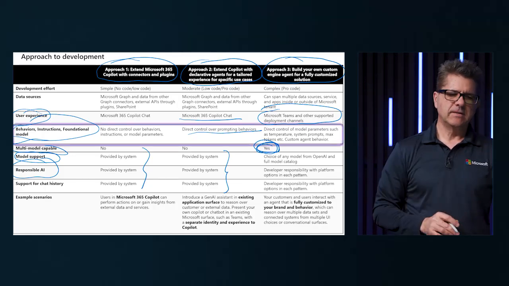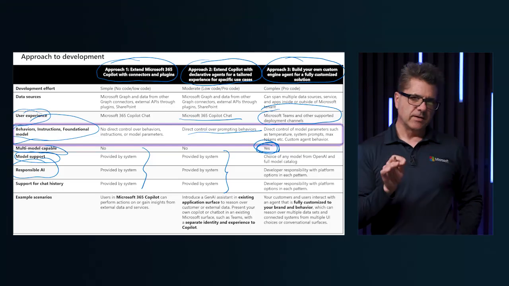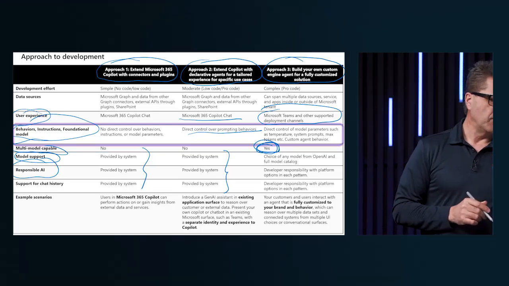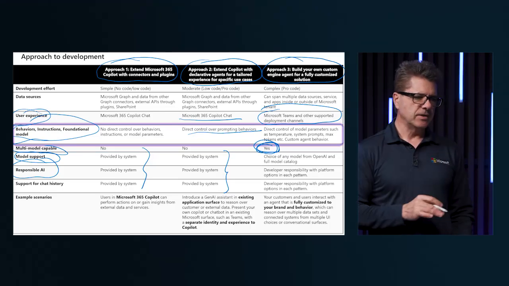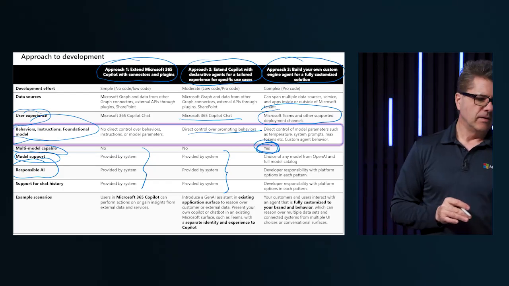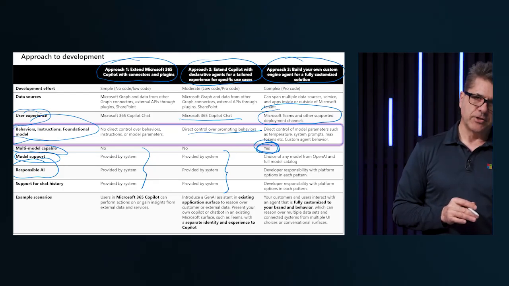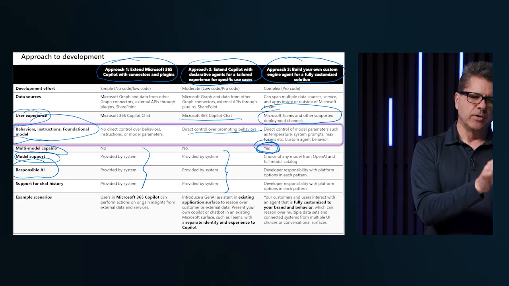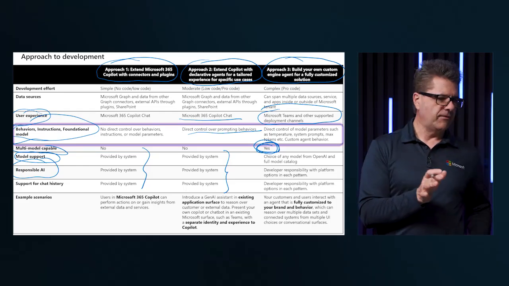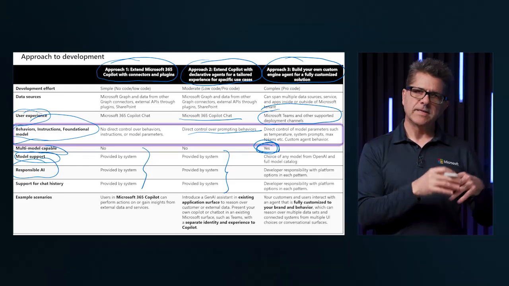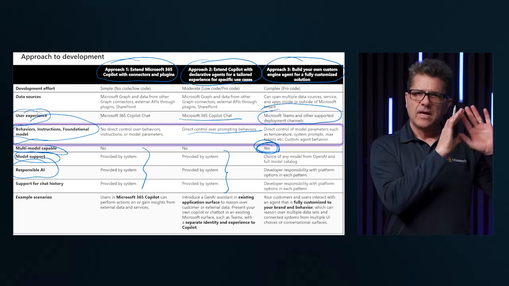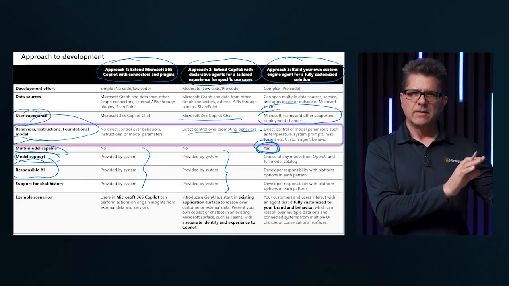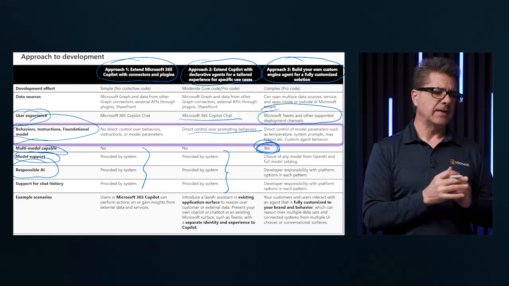So I can begin to see these capabilities, particularly three items that I want to point out: behavior, instruction, and the foundational model. If I am doing the approach of simply extending 365, I don't need to worry about this. I have no direct control over that. Microsoft took care of that for me. It's a SaaS service. I don't need to configure that.